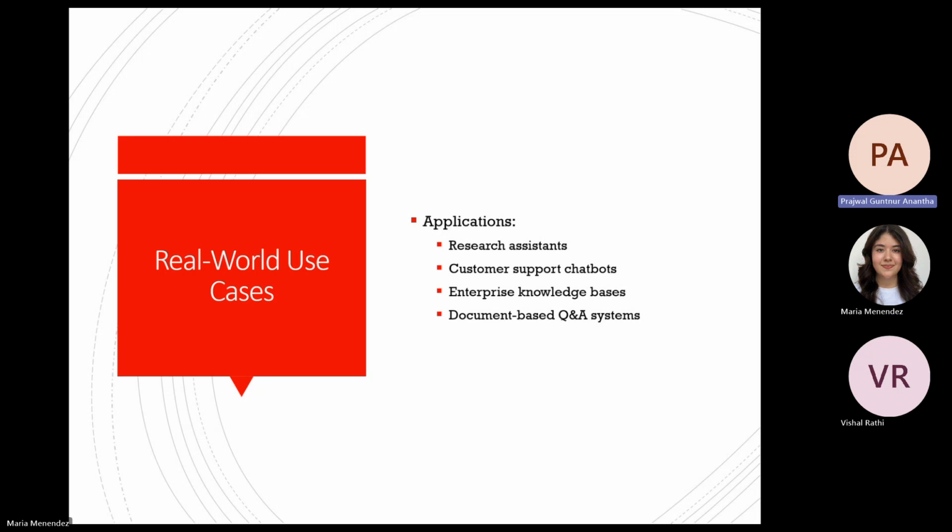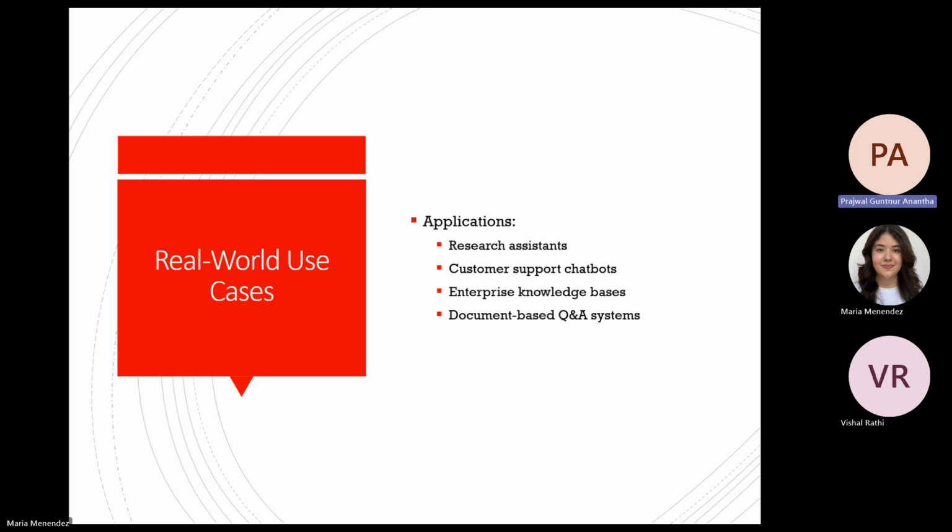So we can use RAG in this. We can store all the documents and retrieve the required information to validate it as well. The third is the enterprise knowledge base, which helps employees navigate massive internal documents and policies. And the fourth is document Q&A, for legal, medical, or financial professional queries specific to contracts or records.